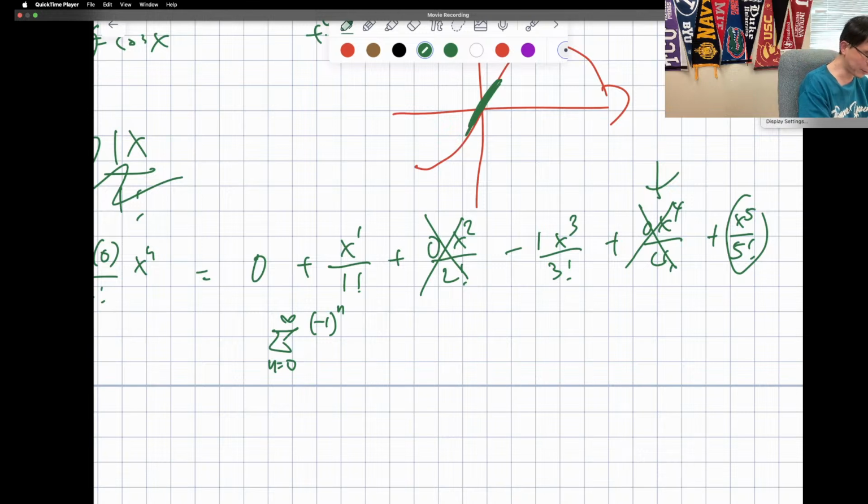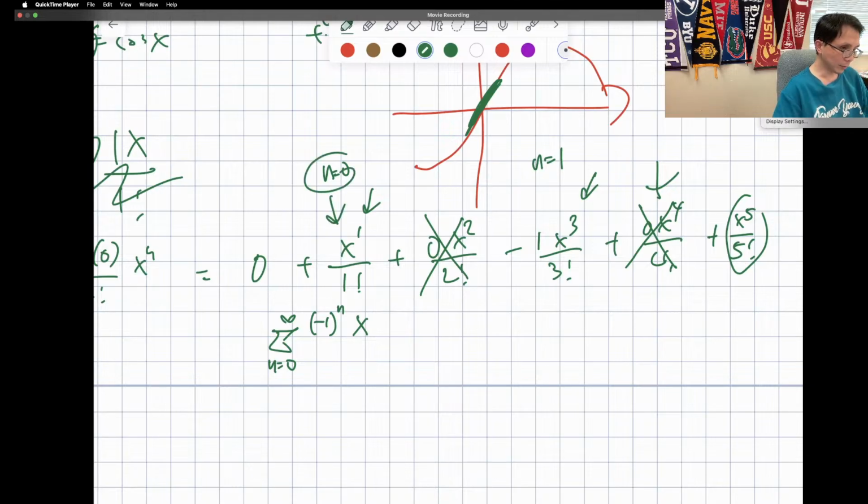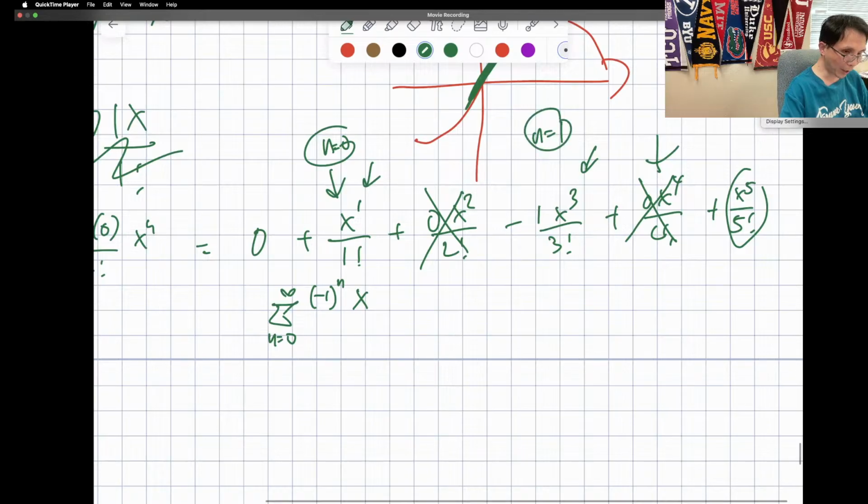So my first term is 1. And the x, well, it's 1. But how do I get the first term, then the third on the second term? So this is n equal to 0, n equal to 1 here. So if you're matching here, n equal to 1 is going to give me 3. n equal to 2 is going to give me 5. What would it be? 2n plus 1.